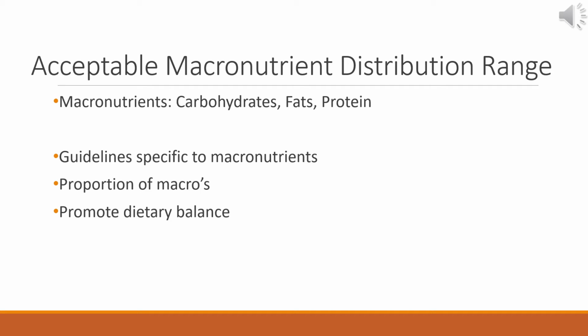And again, the macros, that's carbohydrates, fats, and proteins. And you can get a sense of how much more we need of these macros than we do of the micros just by looking at a food label. If you take a food label and look at the back of it, what you'll see is that carbohydrates, fats, and proteins are all listed in grams.